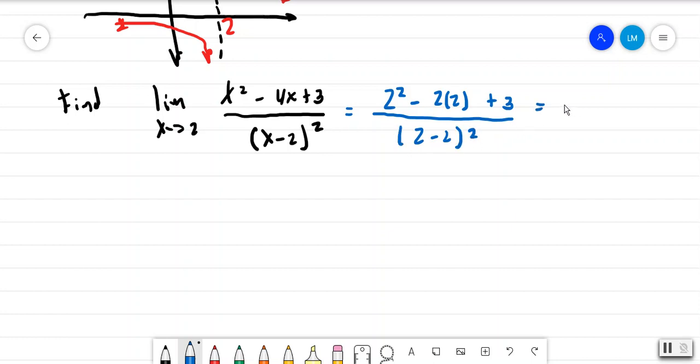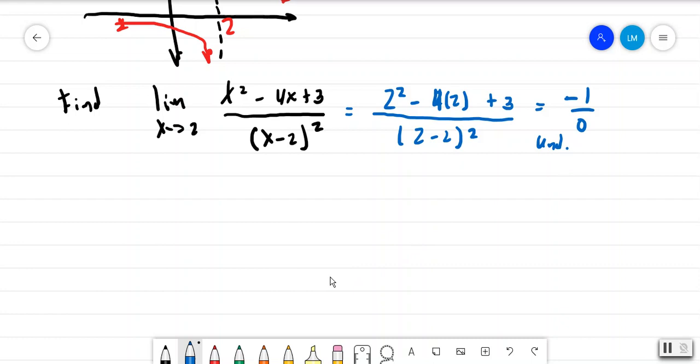So 4 minus, oh, there should be a 4, yeah. So that's 4 times 2, which is negative 8, and this is 3 plus the 4 is 7, so that's going to be negative 1 over 0. But this is undefined.